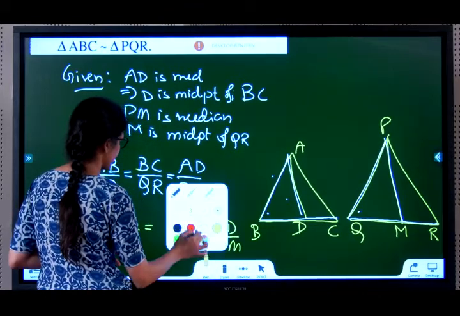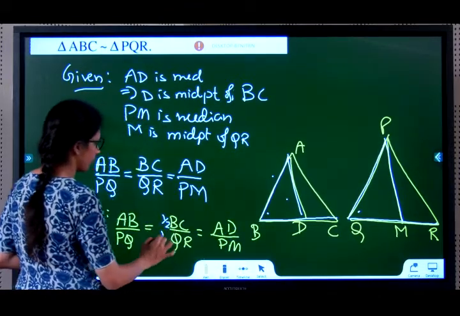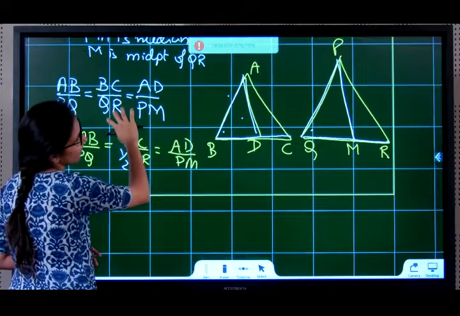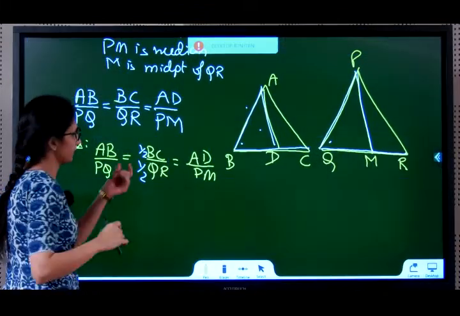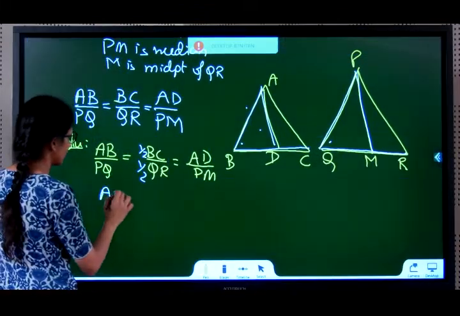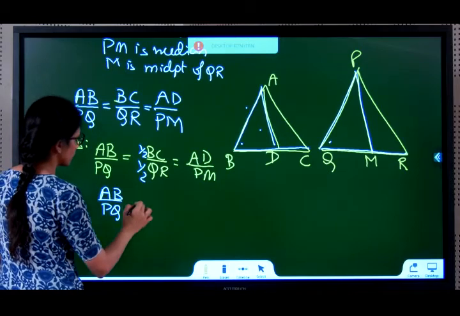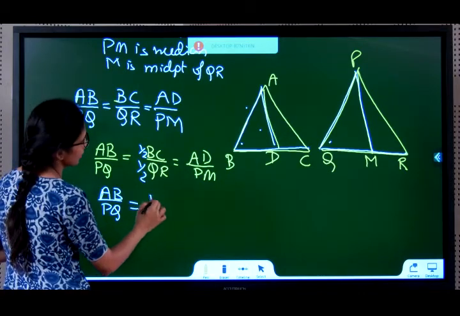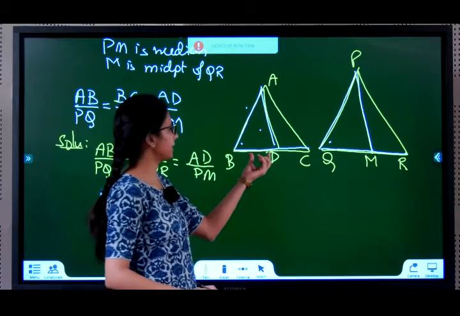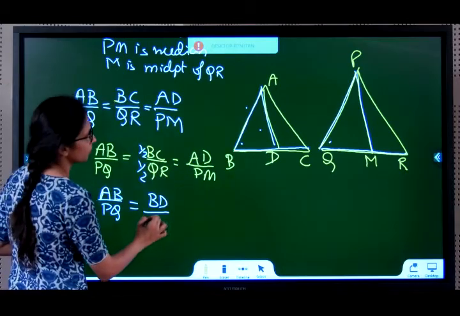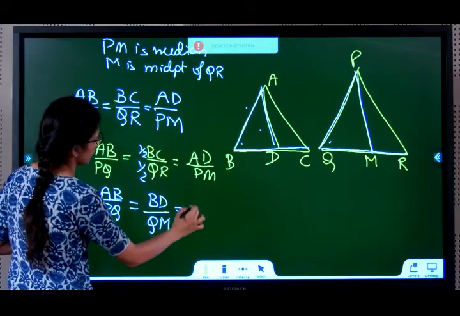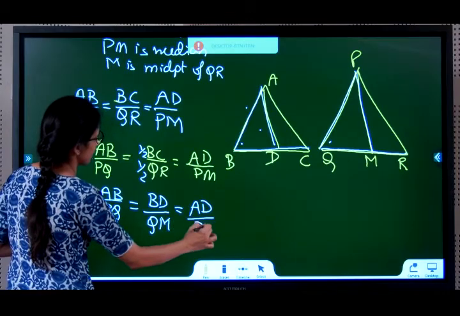I will write this as half and half. So now what happens? AB by PQ is equal to half BC is what? I want this triangle BD. Half QR is what? QM is equal to AD by PM.